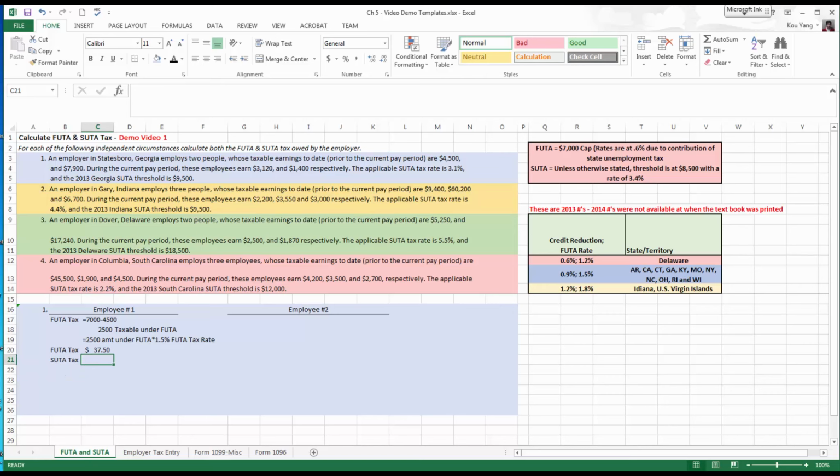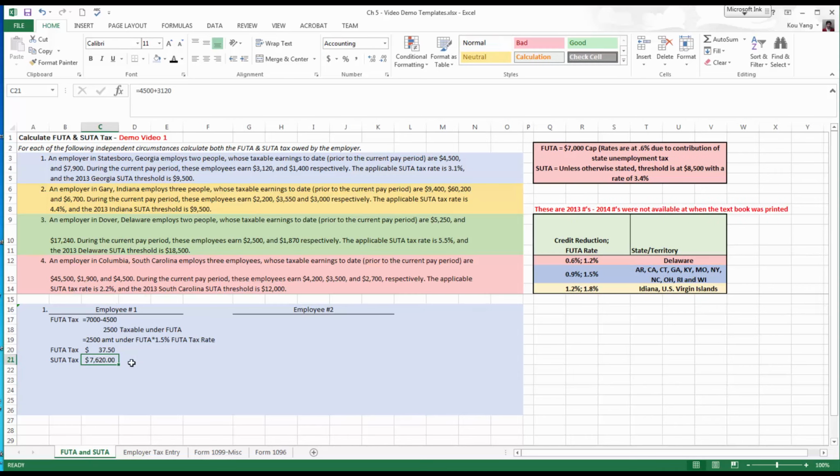Let's look at SUTA then. For SUTA, the employee so far has made $4,500, and the threshold for SUTA is $9,500. So let's add $4,500 to $3,120. Earnings to date, including this pay period, are only $7,620.